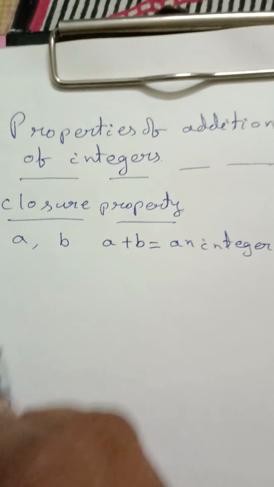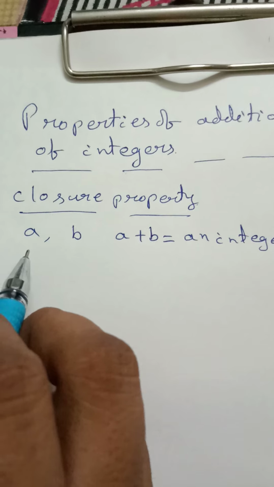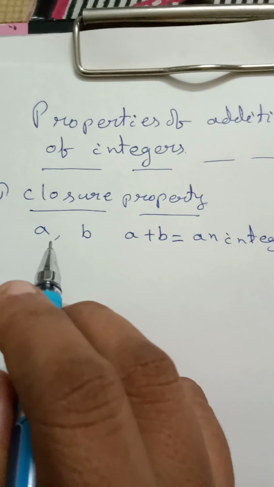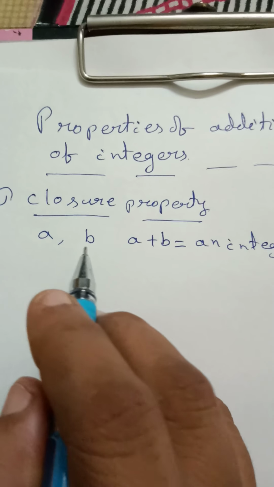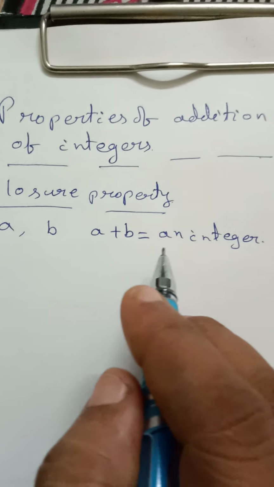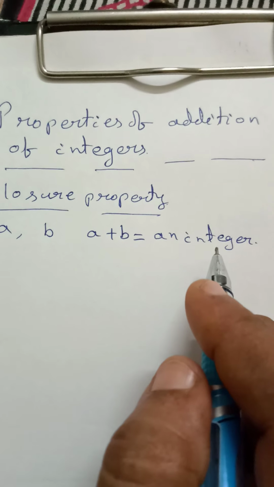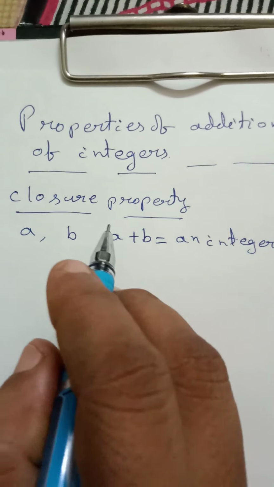This is the closure property, or the first property of addition. If a and b are both integers, then their sum will also be an integer.